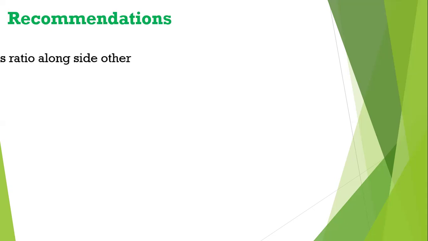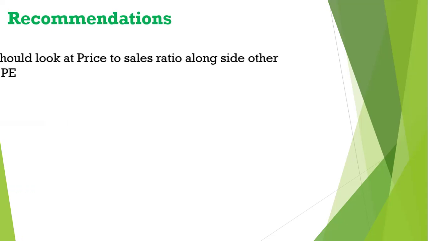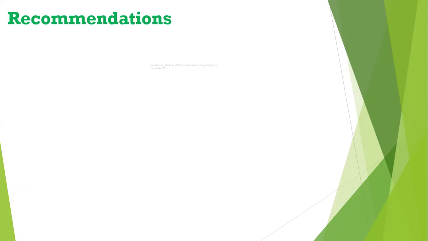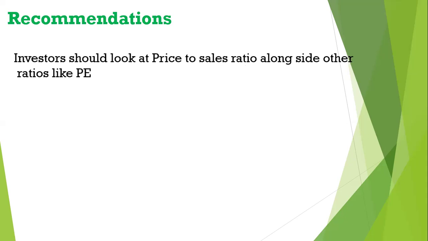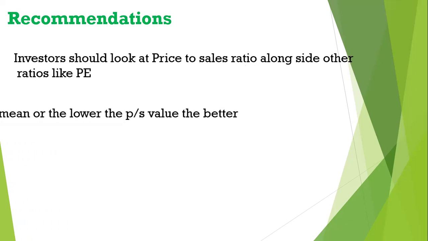Now let's go to the recommendation. When you're comparing companies, you have to look at the one that has the lower price to sale ratio, because that one is undervalued and you would pay less for the good value that you get back from that company. You should not use the price to sale ratio alone.